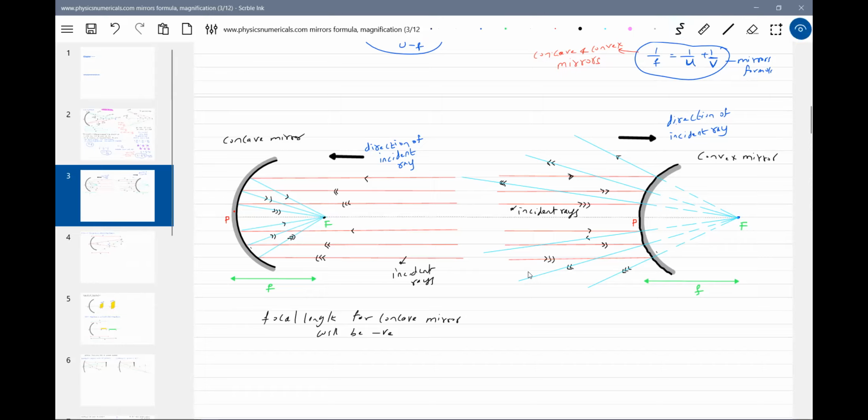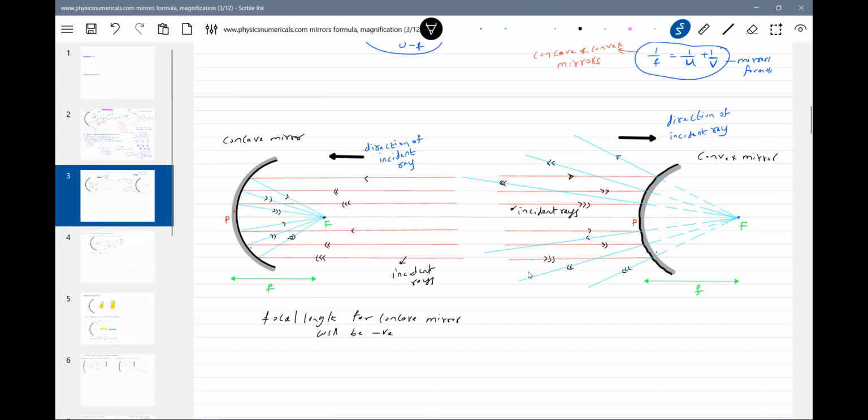Similarly, for a convex mirror, these are the direction of incident rays. After reflection, the rays diverge from a point, where the image will be located at the focus. Put u equal to infinity, I'll get v equal to f here. So the image will be at the focus. Now we measure the focal length in the direction of the incident ray.